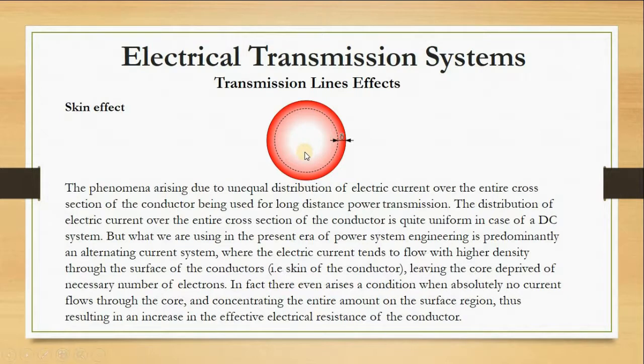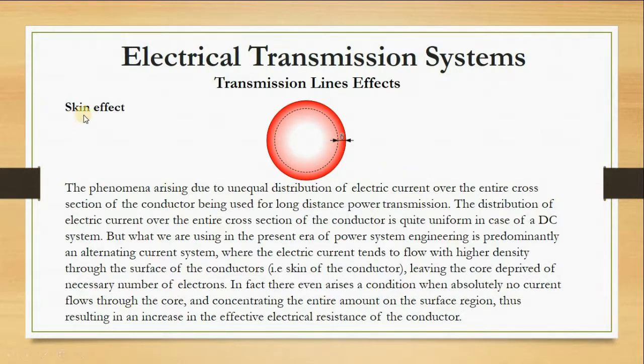Now, we all know that conductors carry power. When electrons flow through them, current flows through them. That's how they transfer power from one point to the other. But it has been discovered that in AC, in DC you don't have a problem.